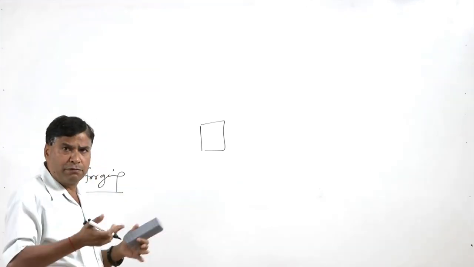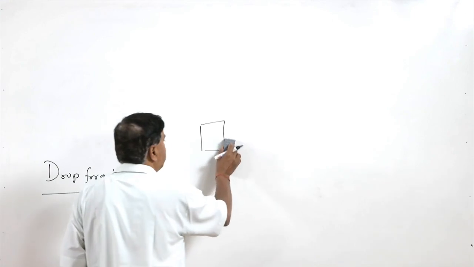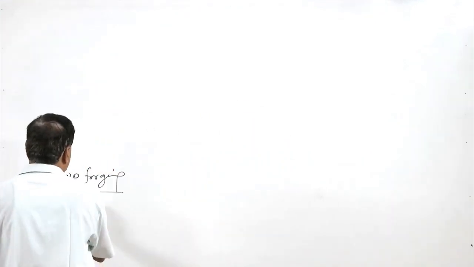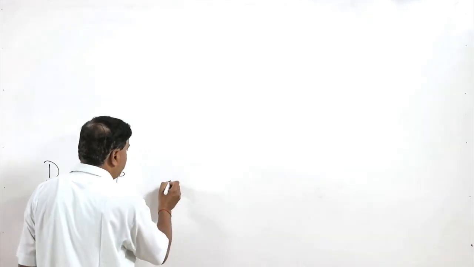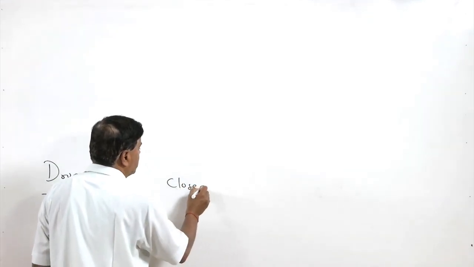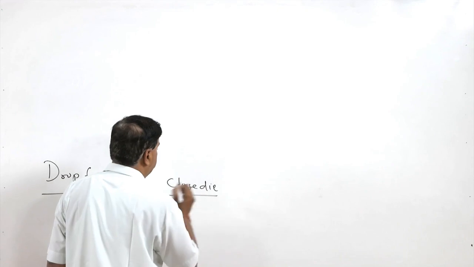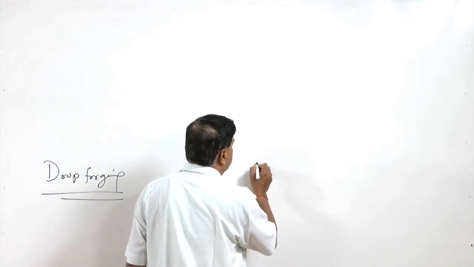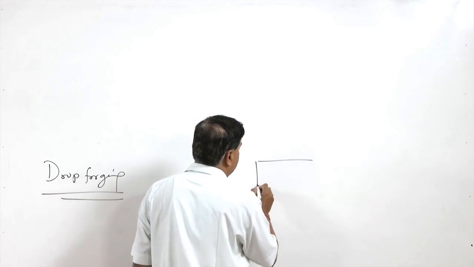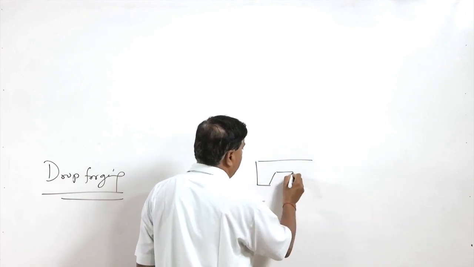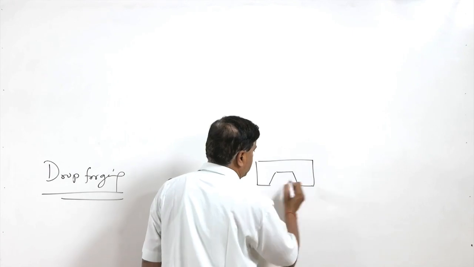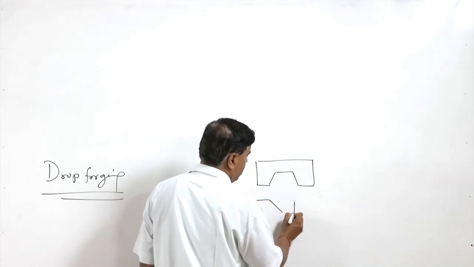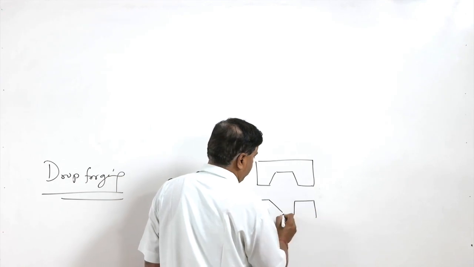So, that sidewise flow of the metal is regulated in such a way that we can get the desired size and shape, while in case of the drop forging, closed dies are used. So, here according to the shape of the product to be made, we will have to make the die like this. This is the upper die, and say this is the lower die.